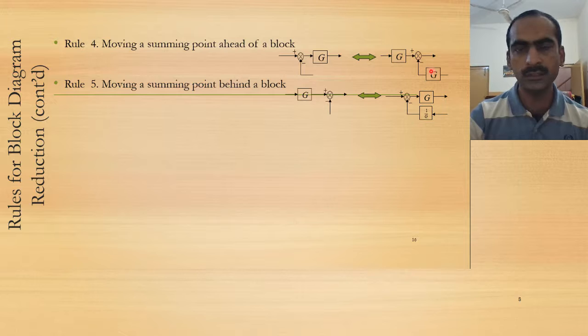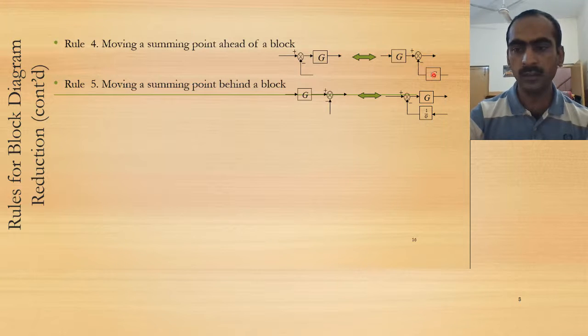Now why is G here? It's because, for example, if this signal was A, this was B, and here was an output, that would be A minus B. Being multiplied with G, the output here would be (A minus B) times G. When I move this summing point ahead of the gain block, then this signal is AG, this signal becomes BG, and the output is AG minus BG.